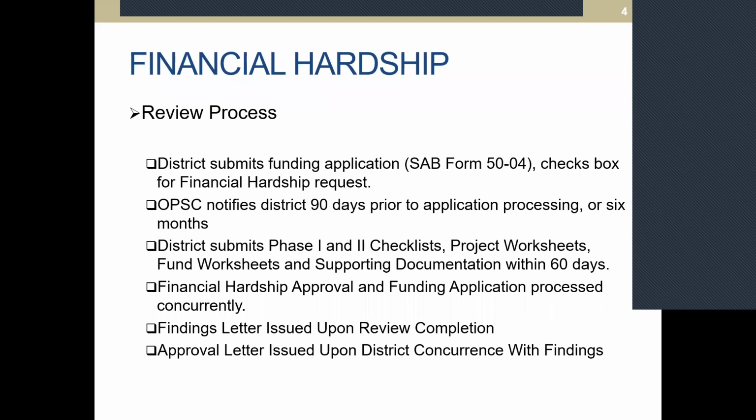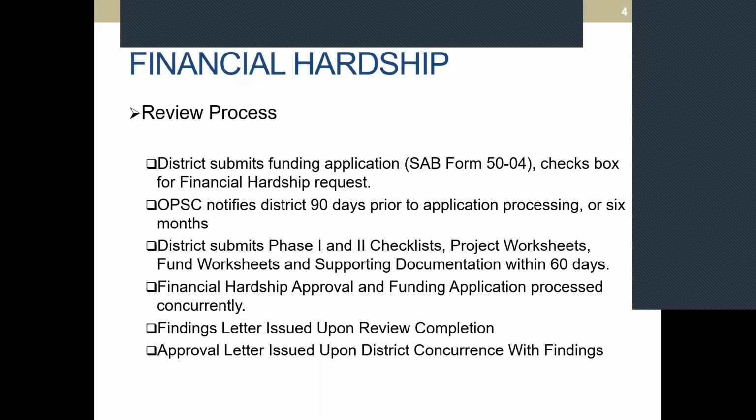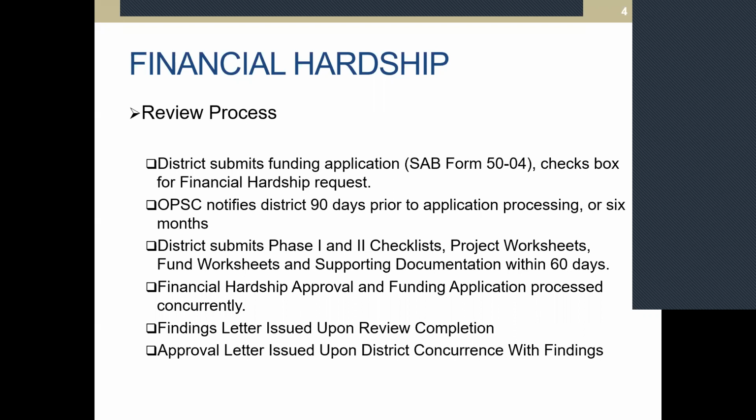The OPSC will notify the district in writing approximately 90 days prior to the application process, or about 6 months before the project goes to the board, requesting the documentation needed for that hardship review. The district will then submit a phase 1 and a phase 2 checklist, project worksheets, fund worksheets, and all other supporting documentation within 60 days after notification from OPSC.